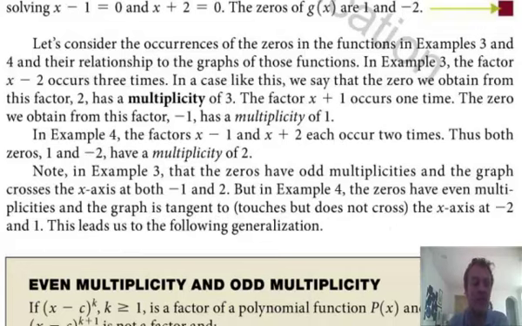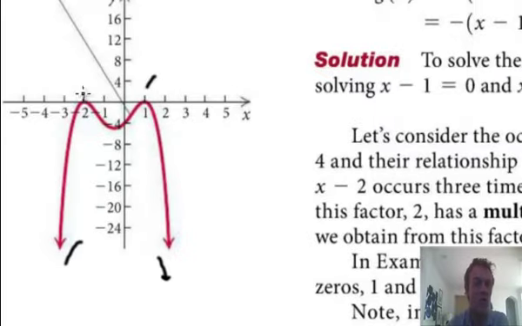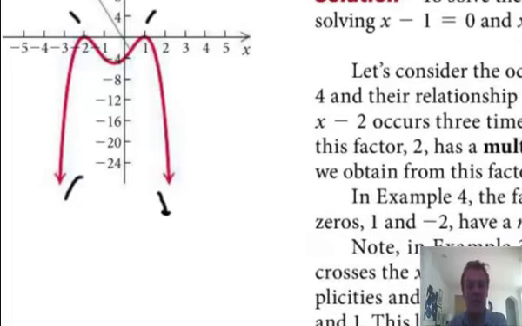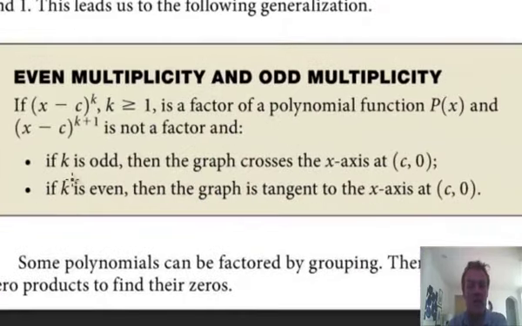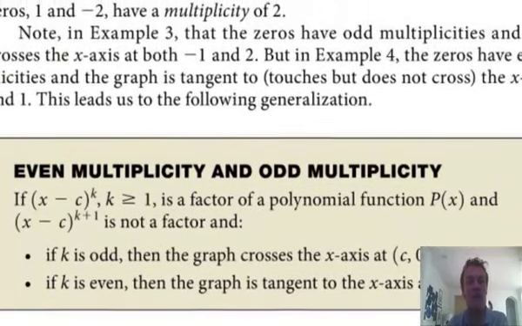That's even multiplicity. Look at 1 and negative 2. Get used to that kind of thing. And in fact, the little box is down here. If we have odd, the graph crosses the x-axis. If it's even, then the graph is tangent to the x-axis. It touches and turns. Even multiplicity, odd multiplicity.